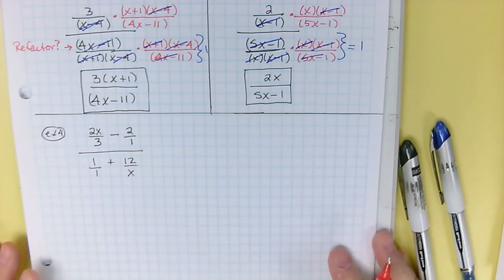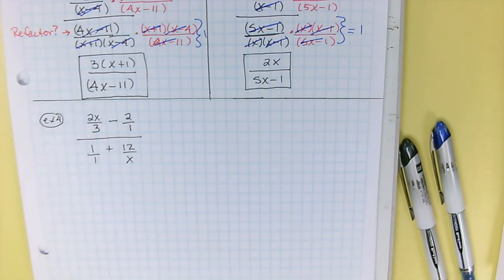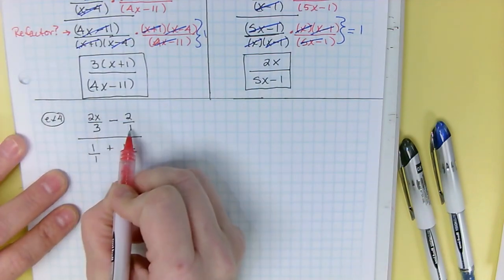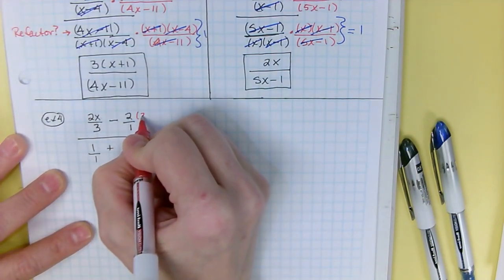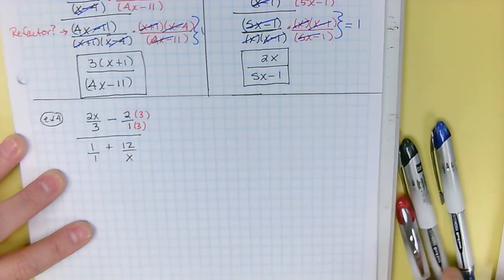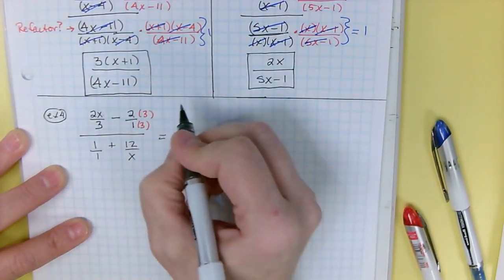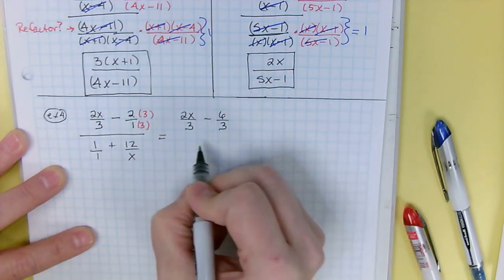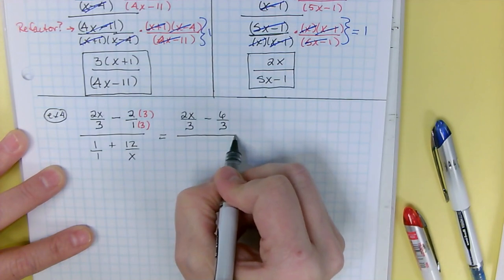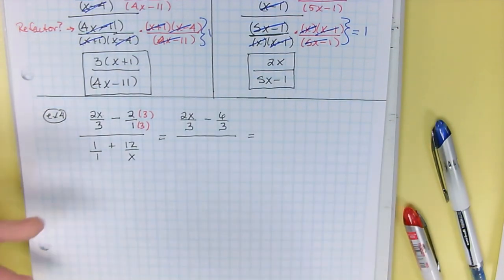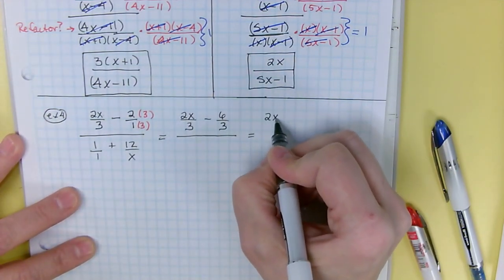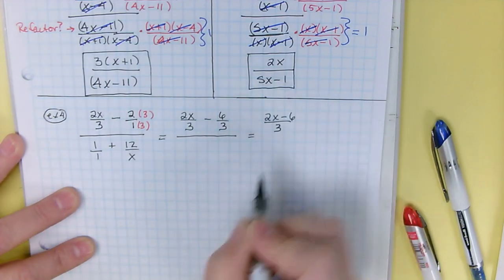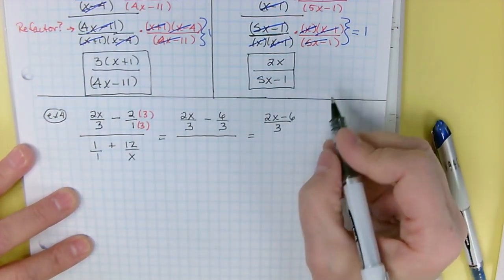So on this one, we need to add the tops together and refactor, add the bottoms together and refactor. So this has a 3, that has a 1. So the second one is missing a 3. So we multiply by 3 over 3. So that gives us 2x over 3 minus 6 over 3, which add the tops over one bottom, 2x minus 6 over a single 3.